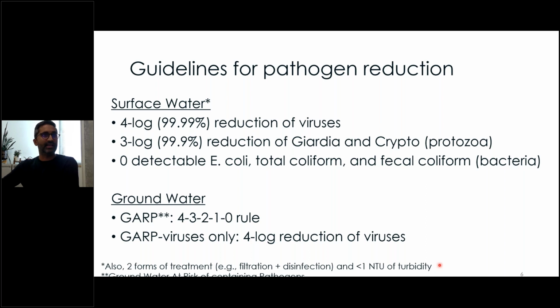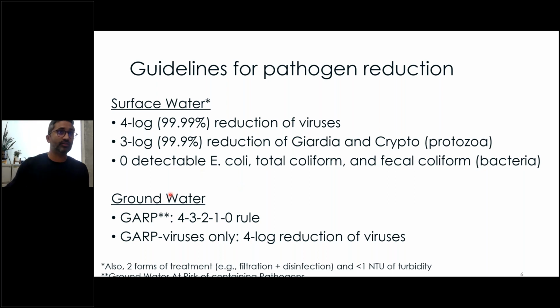So a bigger number in NTUs means more cloudy water. And as you get lower and lower in your NTUs, it's just less and less cloudy. So less than 1 NTU means that your water is pretty clean, pretty clear. Okay, so that's the 4-3-2-1. And so for surface water, that's what we're aiming for in terms of viruses, protozoa, and bacteria.